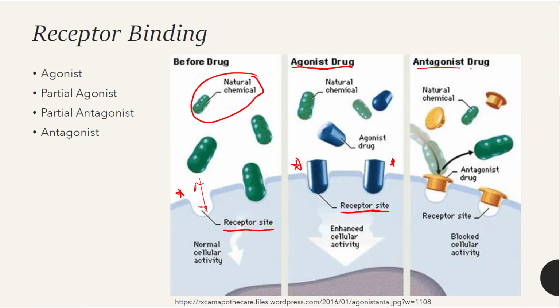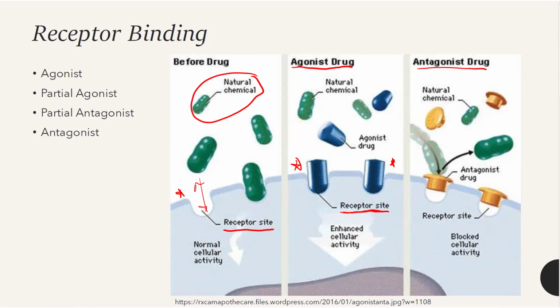The antagonist drug, on the other hand, is basically going to block the binding sites that the natural chemical would go to. And that means the cellular response to that natural chemical is going to be blocked as well.